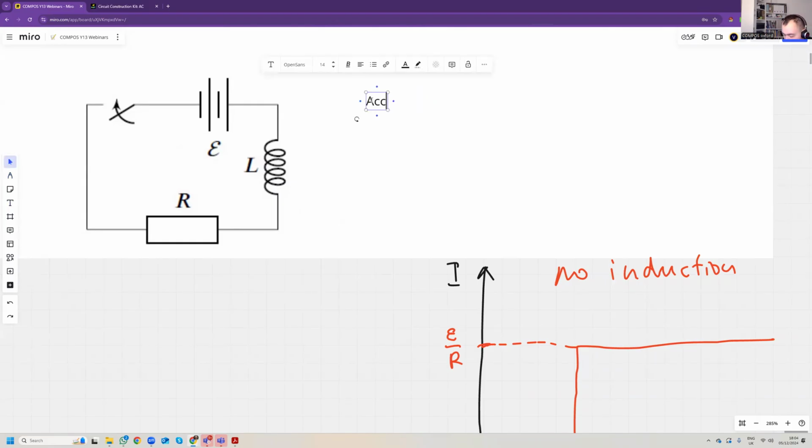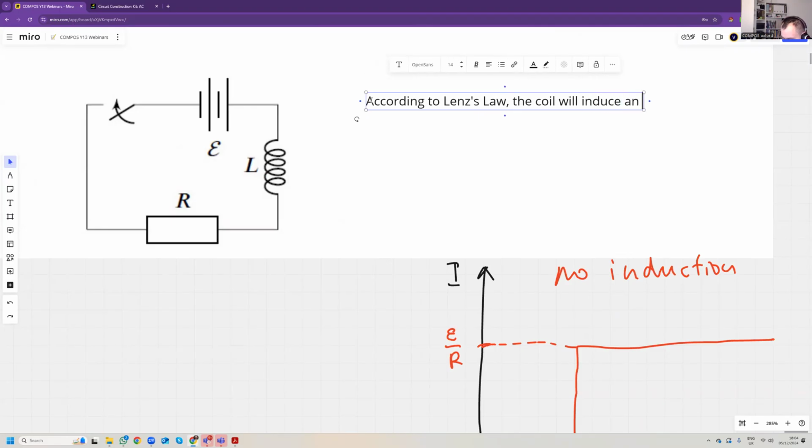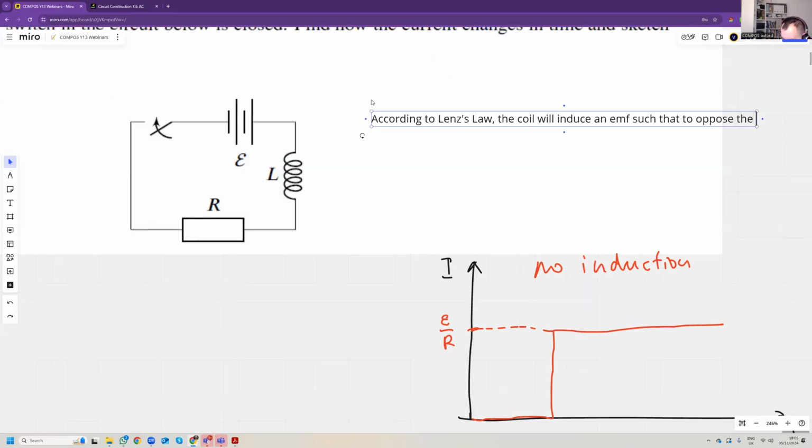So according to Lenz's law, the coil will induce an EMF such that it opposes the change in current.